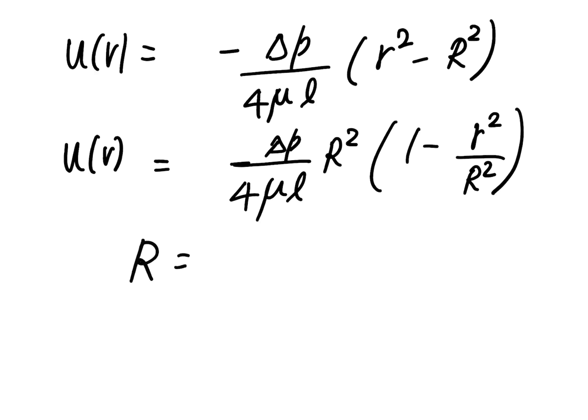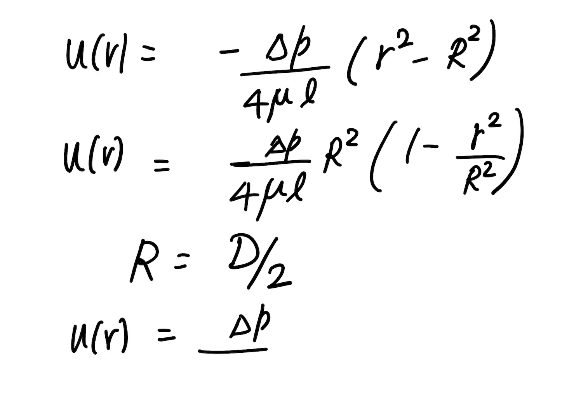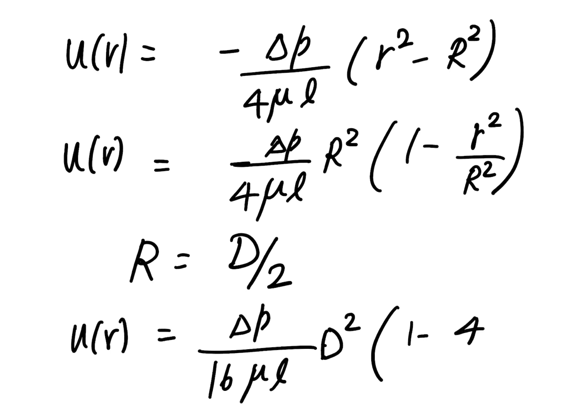Radius is related to the diameter as d over 2. So I can write u of r as delta p over 16 mu L times d squared times 1 minus 2r over d, the whole squared.